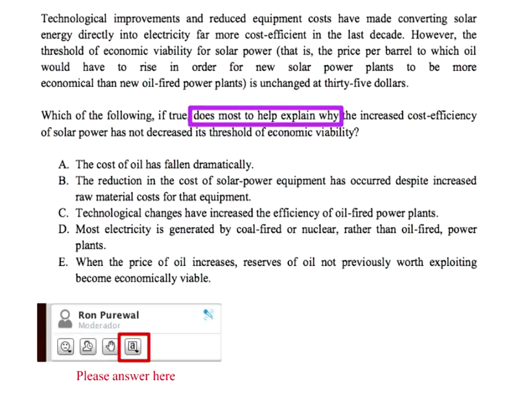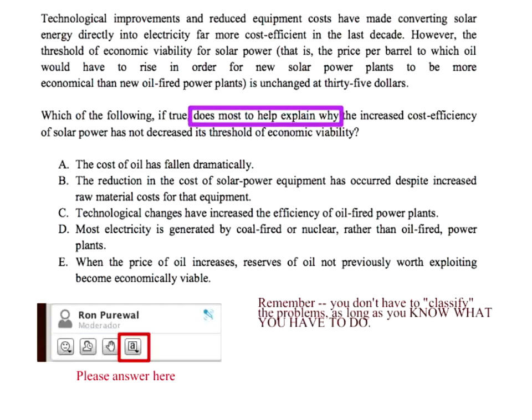Where I'm going with this is, let's talk about actual things that you are supposed to do in the task at hand here. Because remember, you don't really have to classify these problems unless it helps you understand them. But it's not essential that you classify them as long as you know what you have to do.